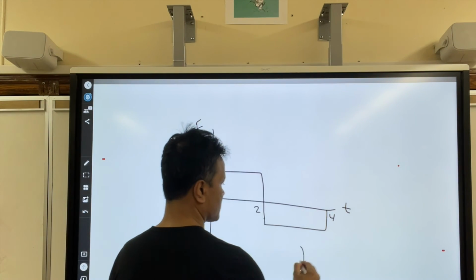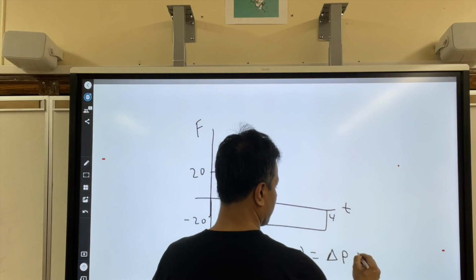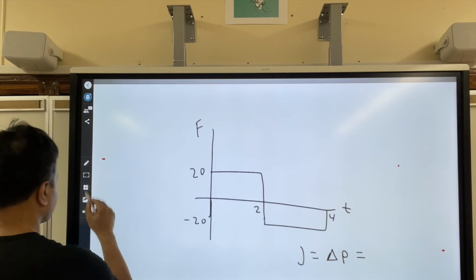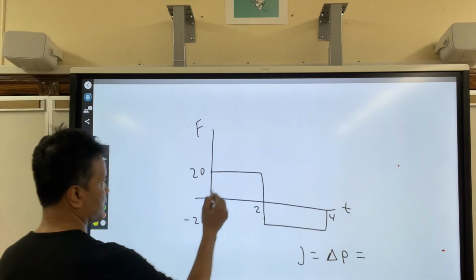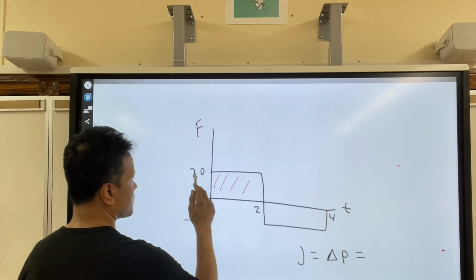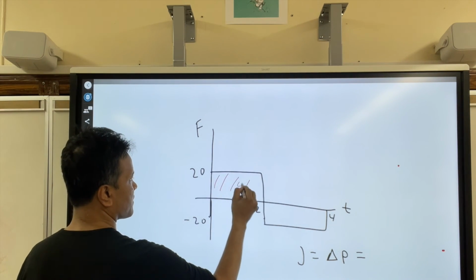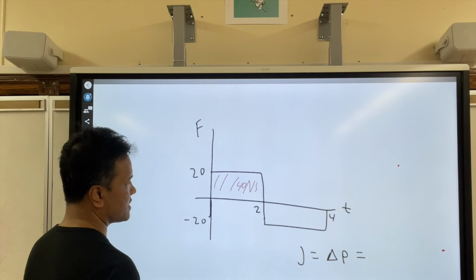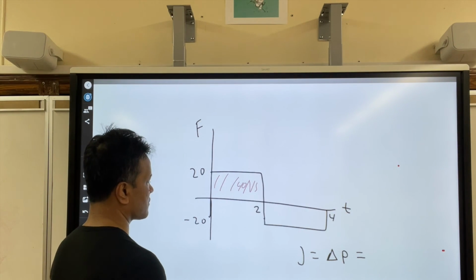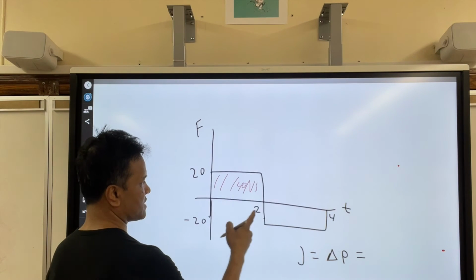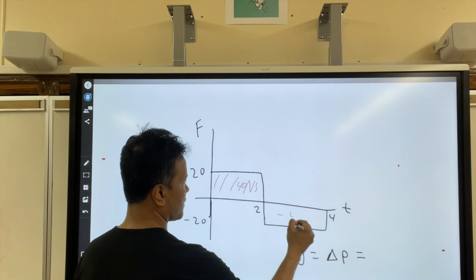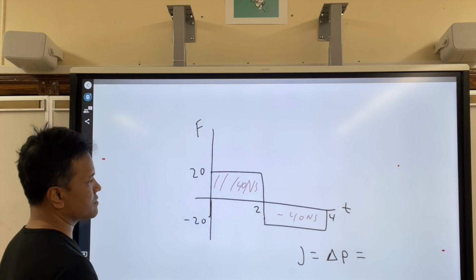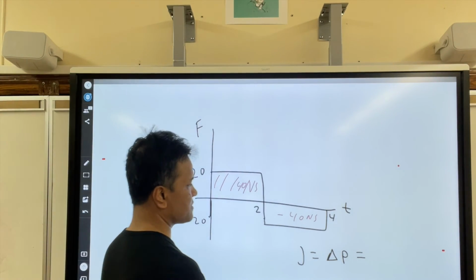What is impulse? Or delta V? Okay, let's see. What is impulse here? 20 times 2 is 40. What is impulse here? Negative 20 times 2, negative 40. Alright, so what is change in momentum? 0.